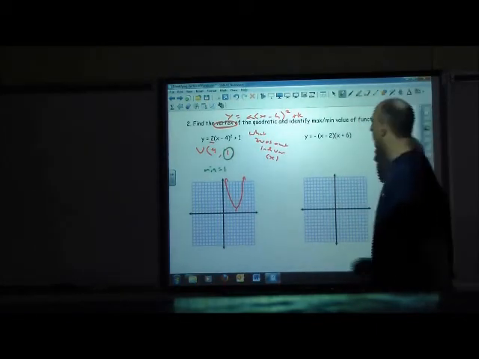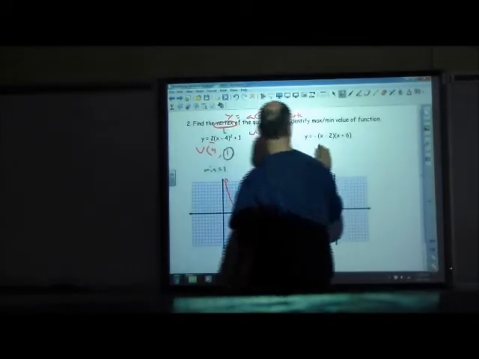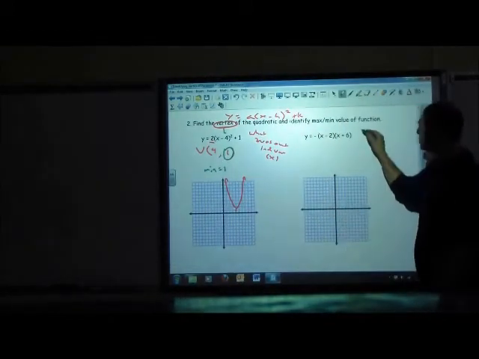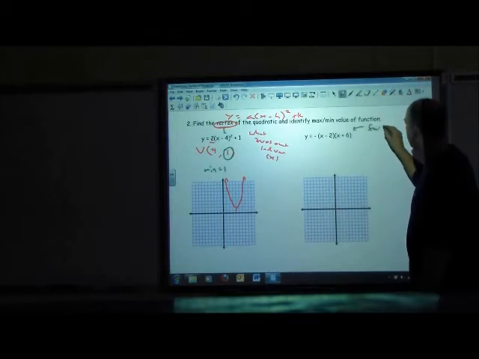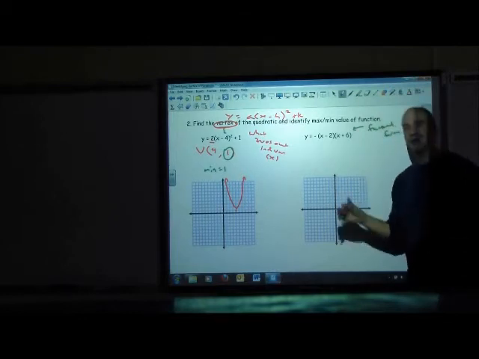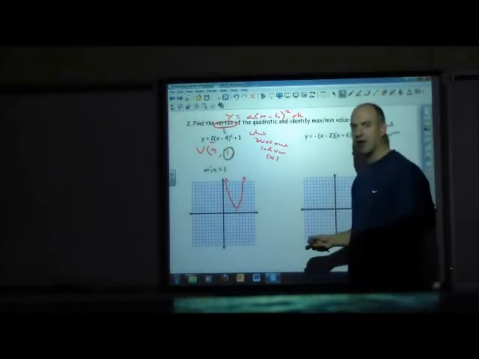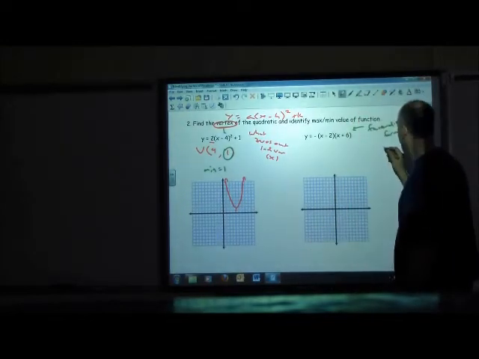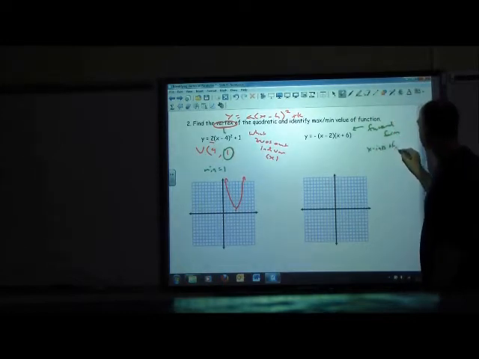Now, that's called vertex form. Now this is an entirely different animal. This is actually factored. It's factored form. And this is not going to find you the vertex instantly, but it will allow you to find it. Essentially, what factored form can get you is the x-intercepts of the graph.